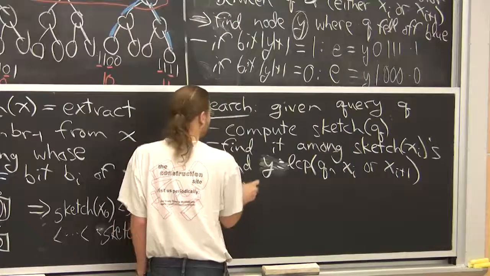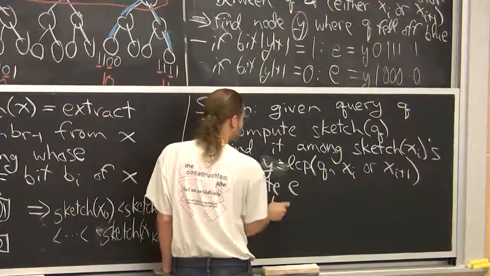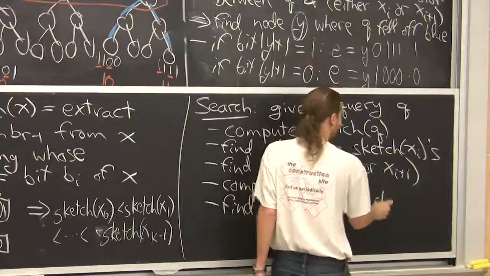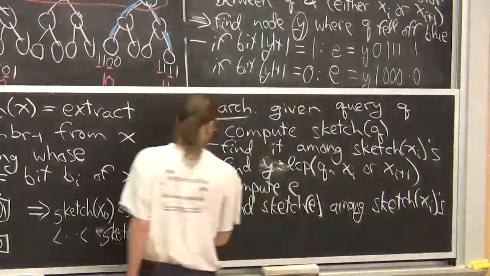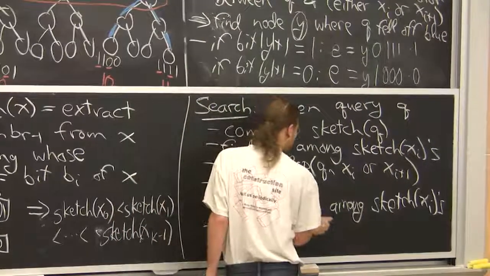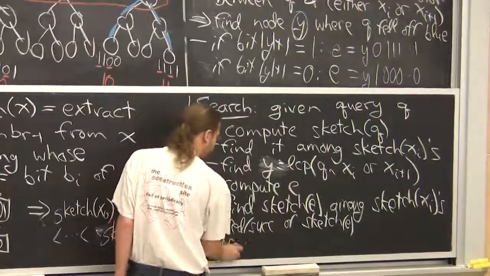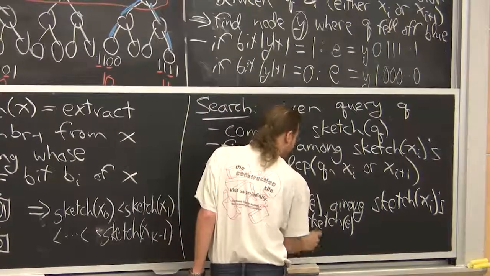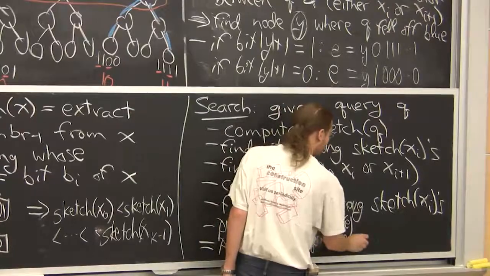Then we compute E, and then we find sketch of E among sketch of xi's. And the claim is that the predecessor and successor of sketch of E among sketch of xi's equals the predecessor and successor of Q, our actual query, among the xi's.